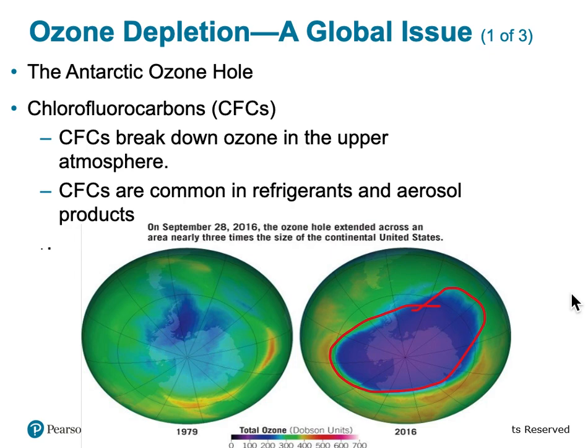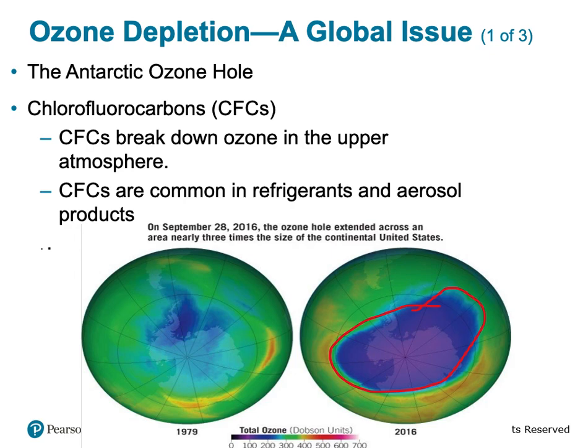How did this happen? Well, this is due to CFCs, also known as chlorofluorocarbons. And chlorofluorocarbons are chemical compounds made up of atoms such as carbon, chlorine, and fluorine. And when CFCs are released into our atmosphere, they break down ozone in the upper atmosphere, which is the stratosphere layer.